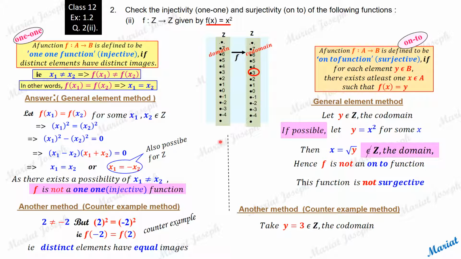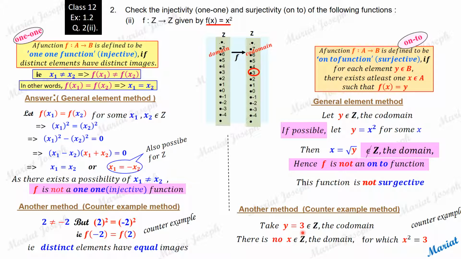Which integer square can be 3? No integer square will be 3. So we write there is no x in the domain for which x square could be equal to 3. This goes as a counter example. So we can conclude that the function is not an onto function.